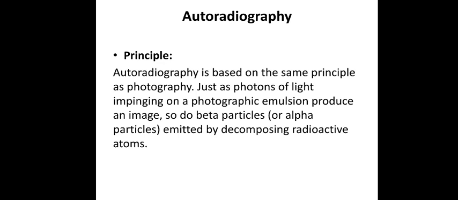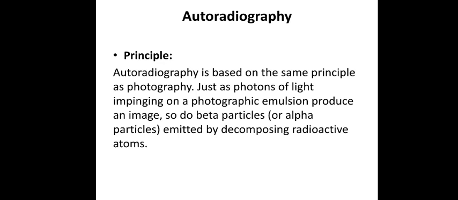So here we are using a radioactive isotope. The principle of autoradiography is similar to a photographic technique, where you have a negative, then you process it and you get the actual photo. A similar technique is used here. Photons of light impinge on the photographic emulsion and produce an image.